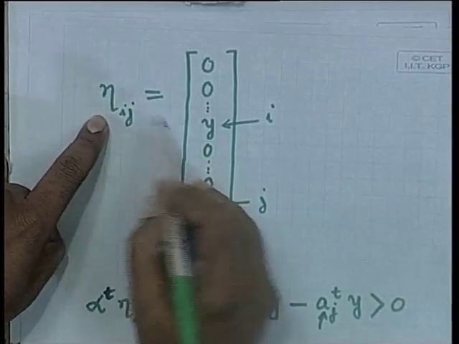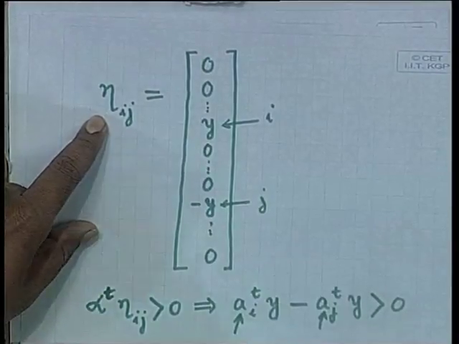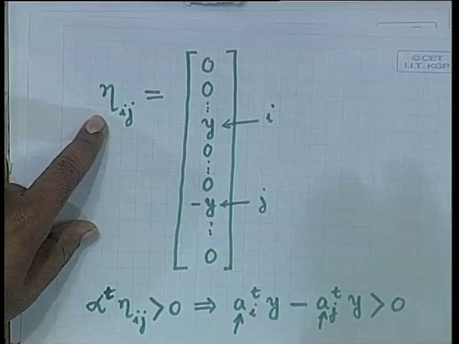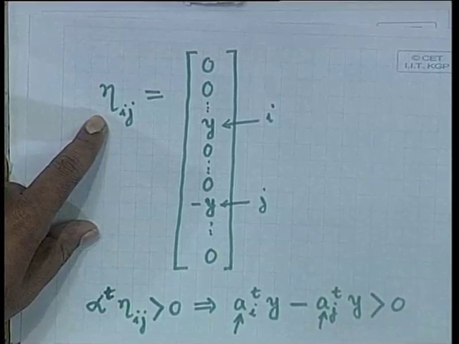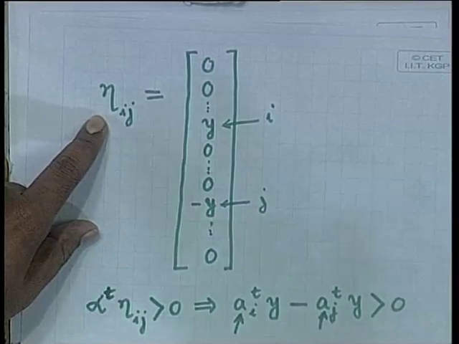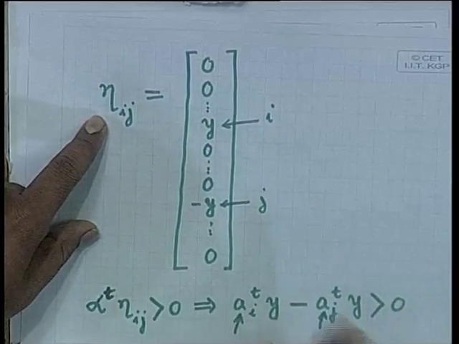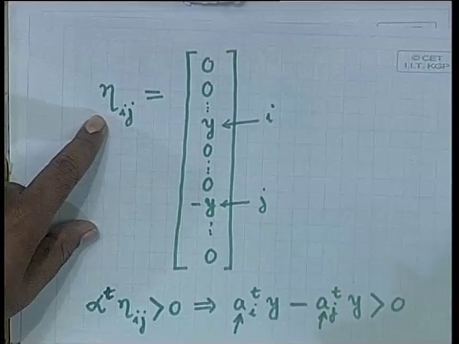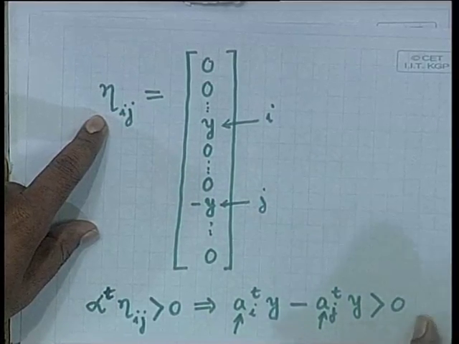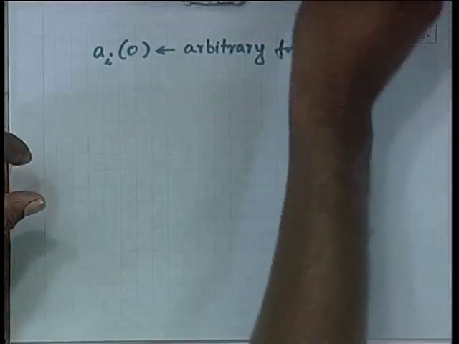For each of these samples, I have to generate c minus 1 sample vectors, and I have to ensure that each of those modified sample vectors is properly classified by the corresponding alpha. If any of those samples is not properly classified by alpha, then I have to modify both A i as well as A j.